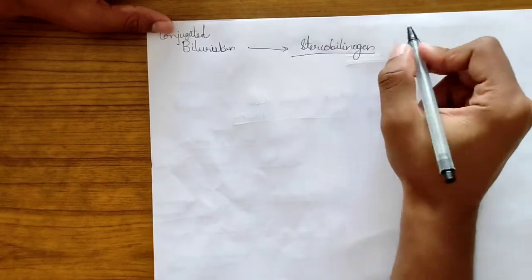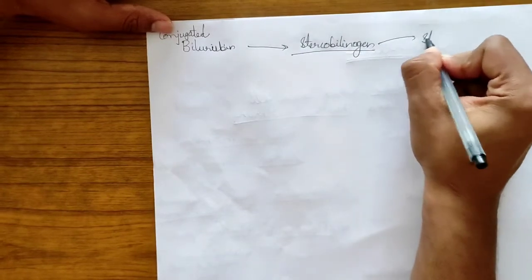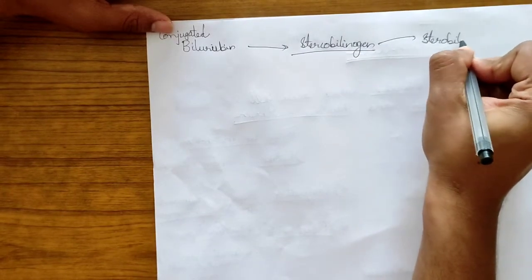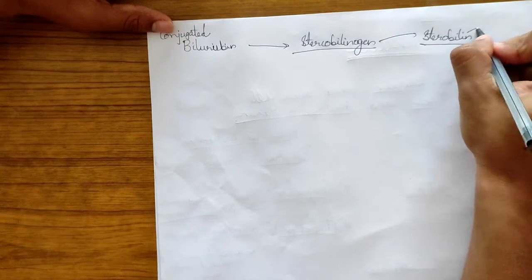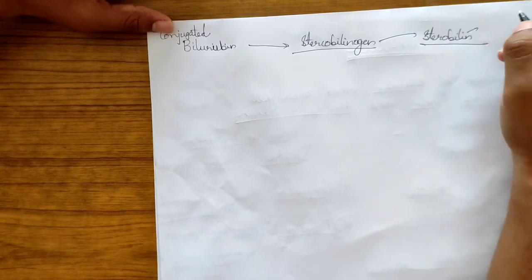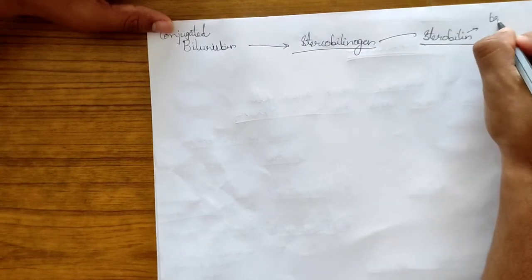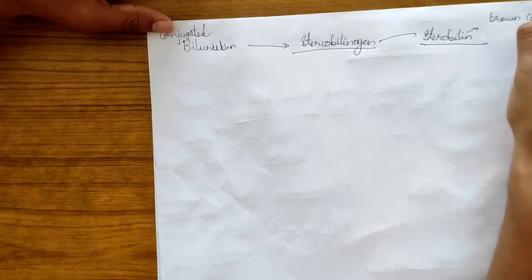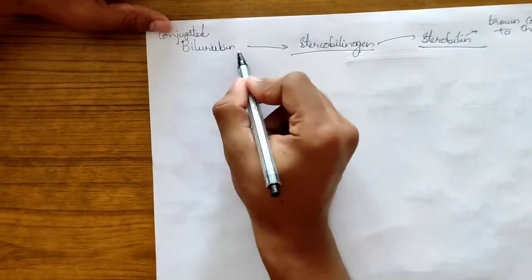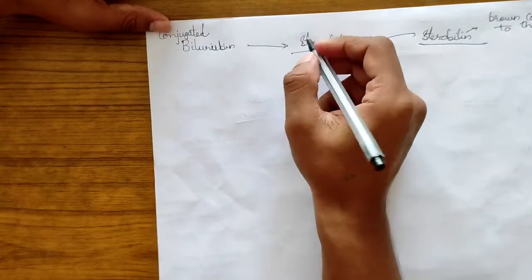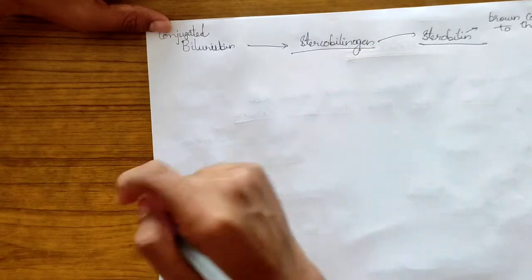This stercobilinogen is again converted to stercobilin. This stercobilin is the main component which gives brown color to the stools. This conversion of stercobilinogen from the conjugated bilirubin happens due to the bacterial flora present in the intestine.